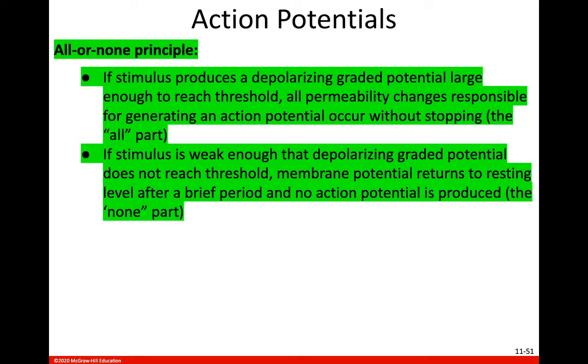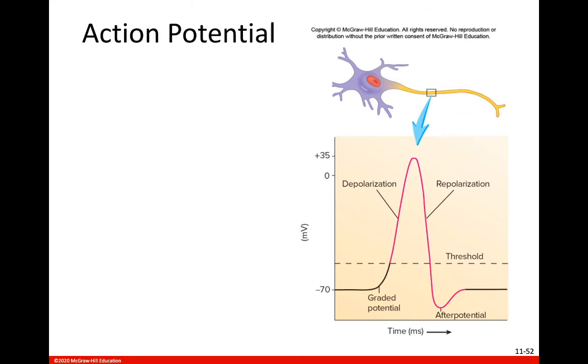If the stimulus is large enough or we get enough stimuli to produce enough graded potentials to get us up to threshold, then we get an action potential. We get depolarization and then repolarization. If we don't get a strong enough stimulus to give us a strong enough graded potential or enough small graded potentials to get us up to threshold, then nothing happens. Everything returns to normal, and it's like nothing even happened.